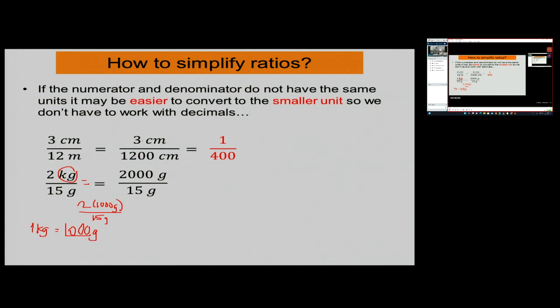Mister, the one wearing the black jacket, stand up. What's the answer? Simplify the ratio. 2,000 grams is to 15 grams. What's the answer? Okay, very good. That is 400 over 3.